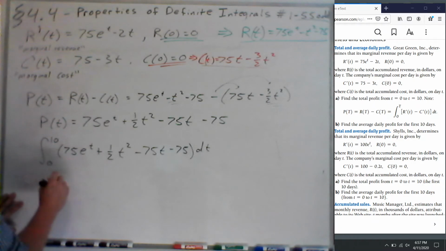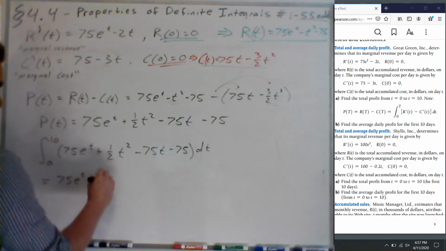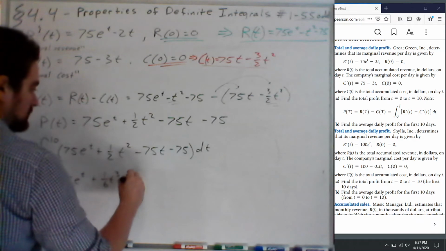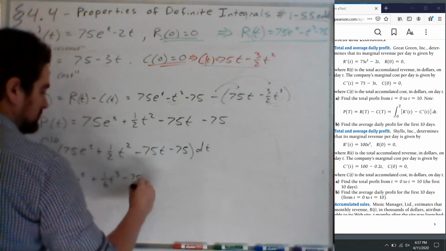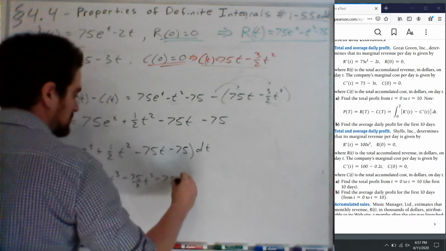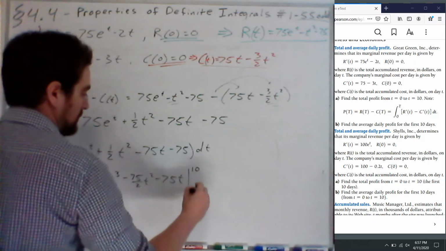In this case, we're going to take 75 e to the t plus 1/6 t cubed minus 75 halves t squared minus 75t, and evaluate that from 0 to 10.